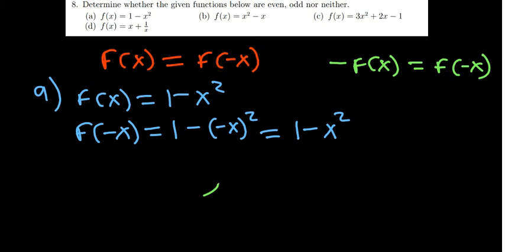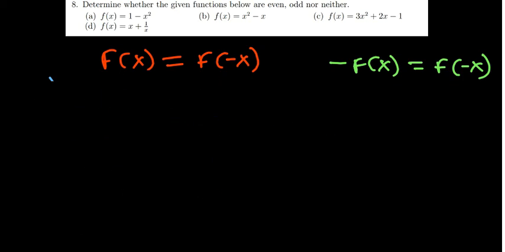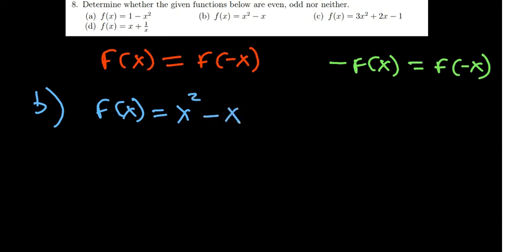Let's try B. For B, we have f of x being equal to x squared minus x. I expect that one to be neither, because it's a combination of an even power and an odd power, which is a 1. So f of negative x: for x squared, I put negative x squared, and then minus, where there is x, I'll put also negative x.